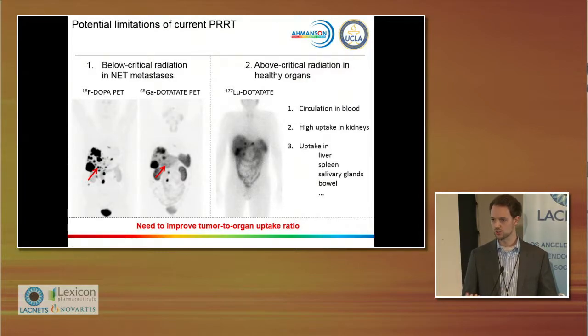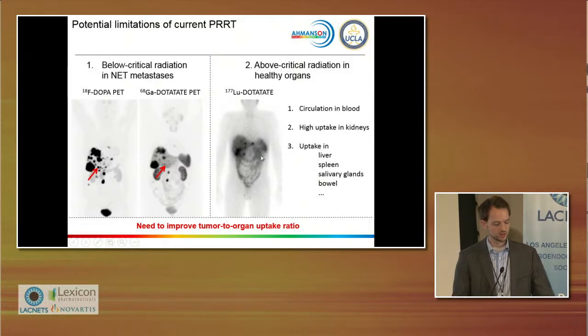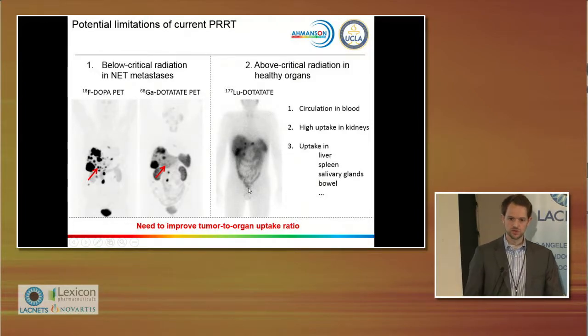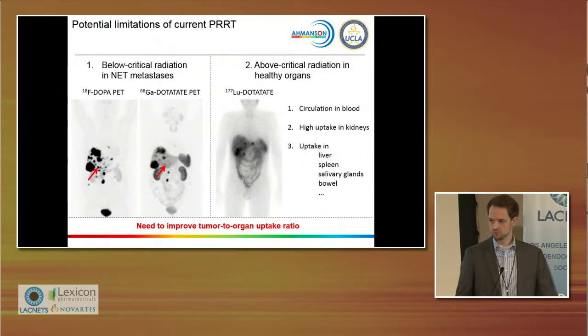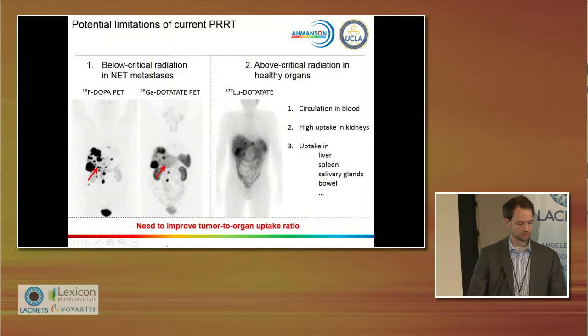This means radiation goes to the bone marrow, to the bone. We have a high uptake of the ligand and radiation in our kidneys, as can be seen here, and we have an intermediate or lower uptake in other healthy organs, such as the liver or the spleen or the bowels. And these radiation doses might add up during treatment and they might cause some problems. So in total, how can we improve it?